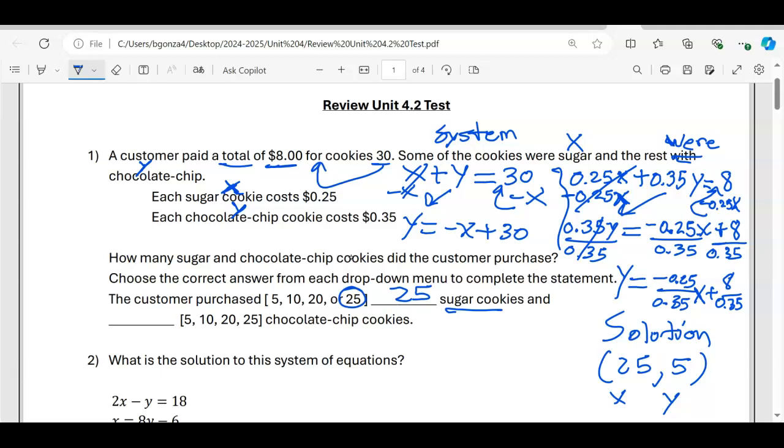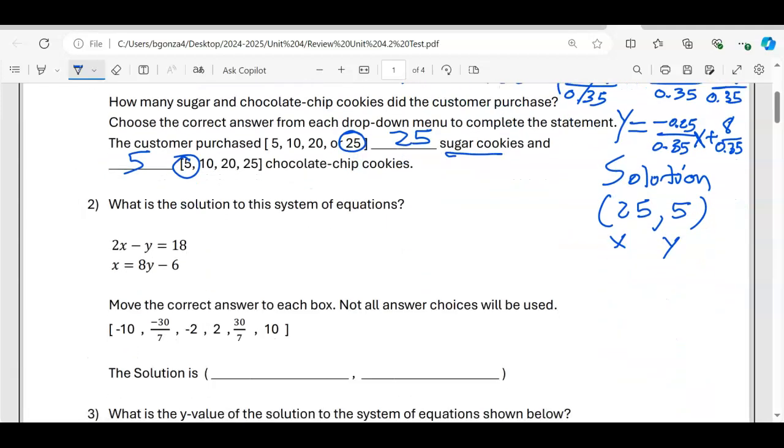And then the chocolate chip is y, and y we said was 5. So it should be 5 chocolate chip cookies. All right. So remember, this is how we do systems of equations. You have to write this on a blank scratch sheet of paper when you have this on your computer. You cannot guess. You have to do this the right way, okay?